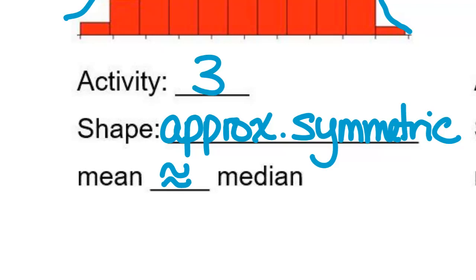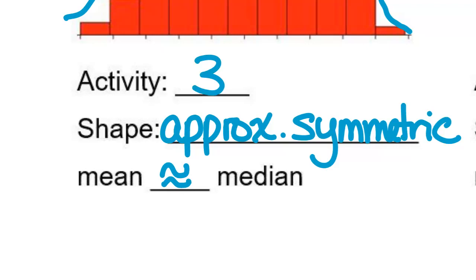Remember when we looked at those summary statistics and I told you guys when you have the summary statistics, so you've got the mean, the standard deviation, the 5-number summary, so you have your median. If you look at the mean and the median values and they're very close together, you have an approximately symmetric distribution.